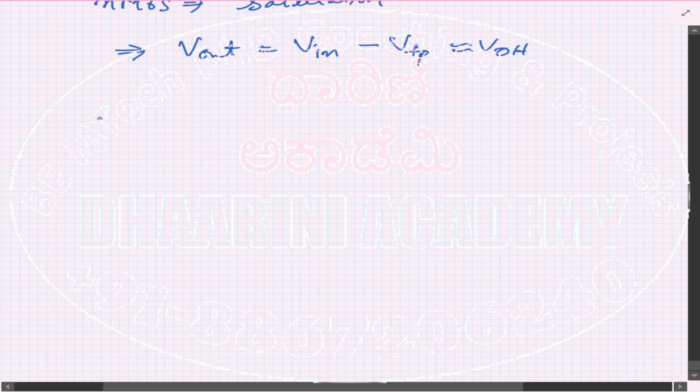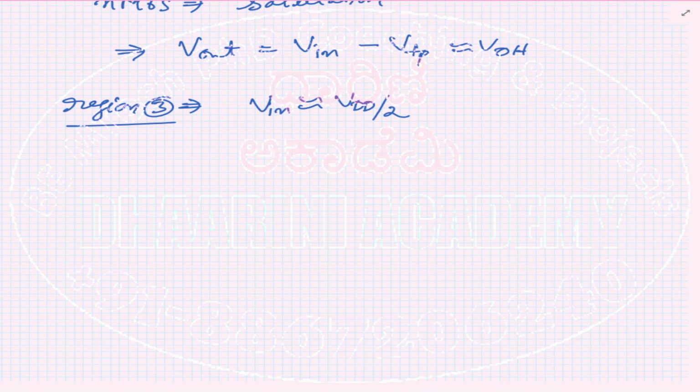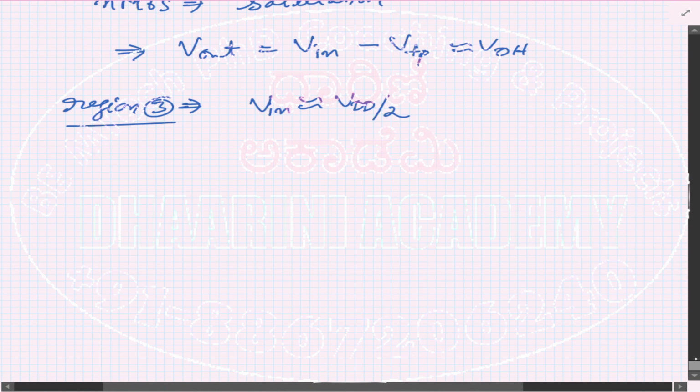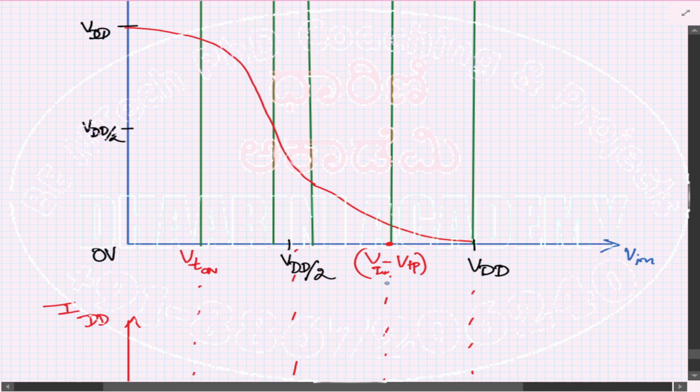Then let's go to region number 3. Vin is approximately, very close to VDD by 2. You see here, this is very close on the left hand side, and this is very close on the right hand side.